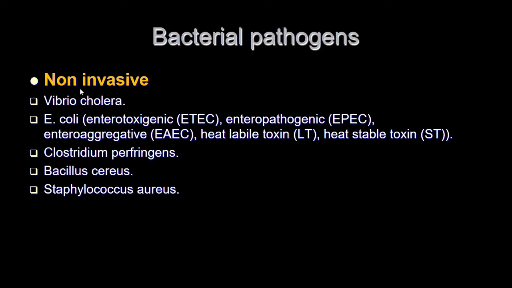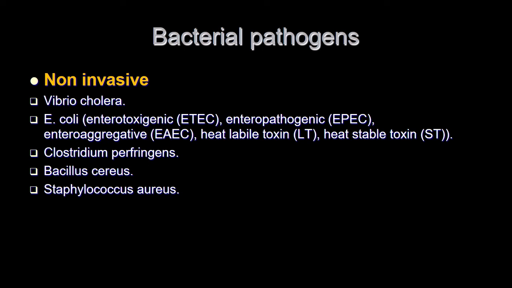So in the non-invasive type of a diarrhea, where there is no damage to the gastrointestinal tract, it's just simply water and electrolytes loss and dehydration is going to be associated with that, and death that is going to follow. On top of this list of non-invasive is Vibrio cholerae.